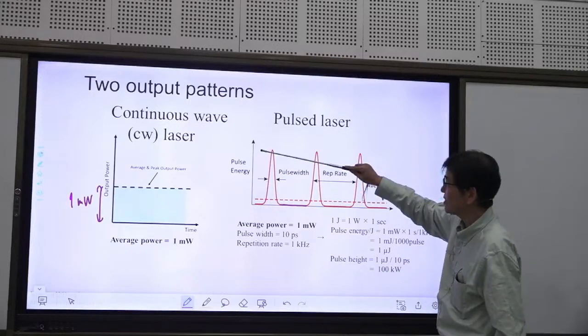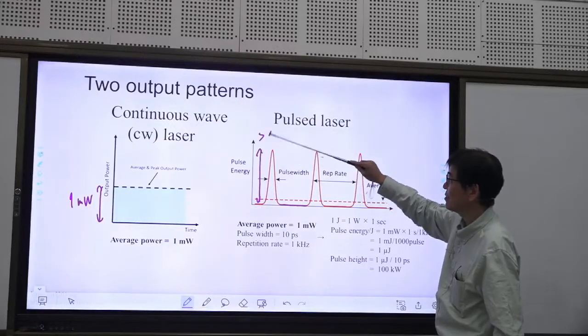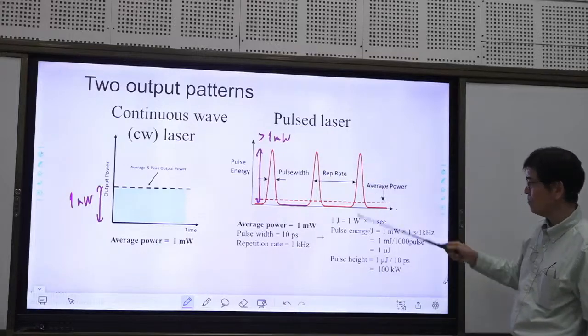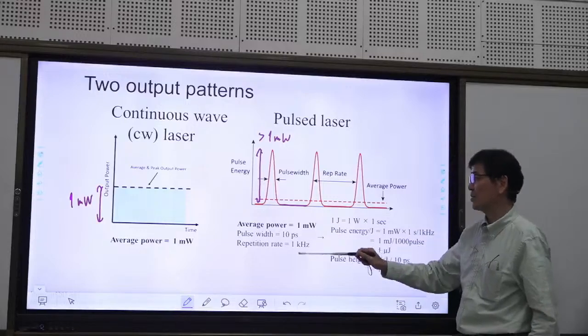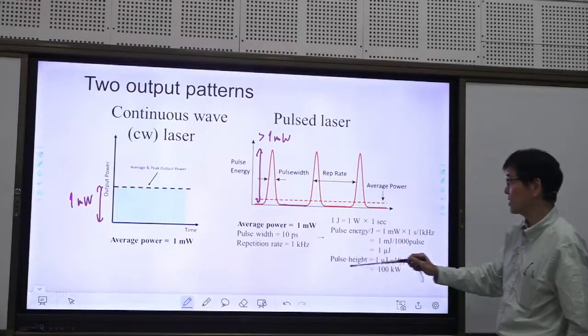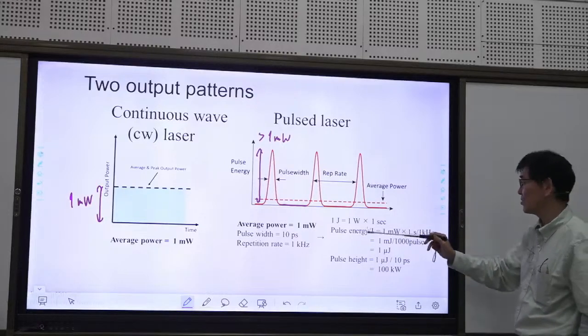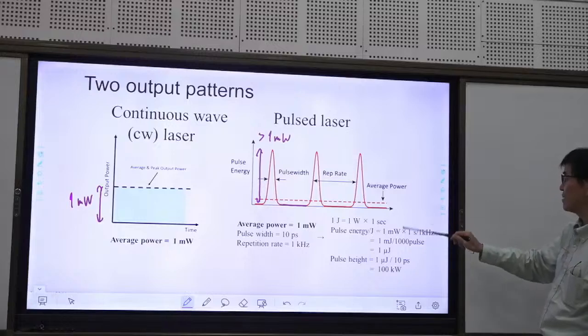Accordingly, this height is more than 1 milliwatt. When we consider the pulse width is 10 picosecond, repetition rate is 1 kHz, then the pulse energy in joule is calculated by 1 milliwatt multiplied by 1 second divided by 1 kHz.